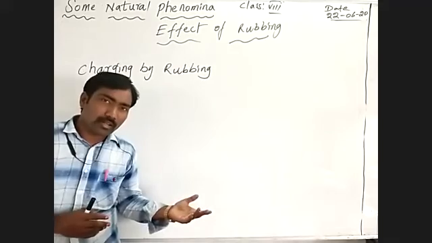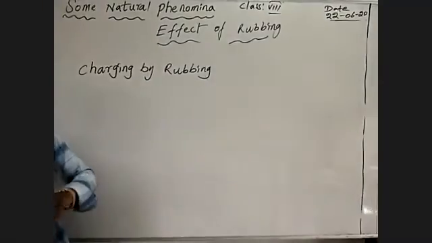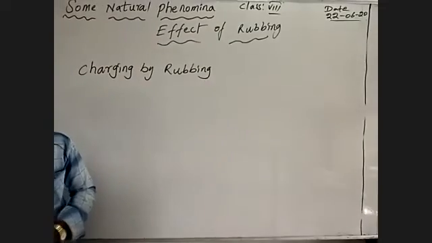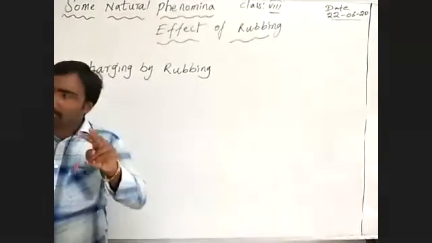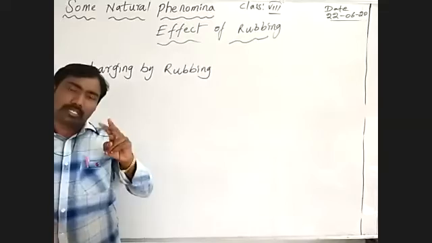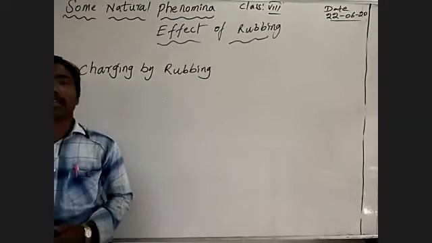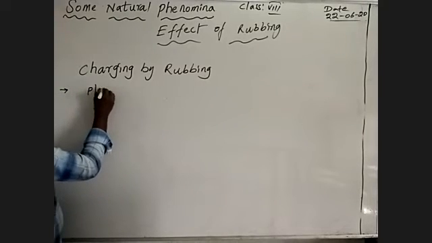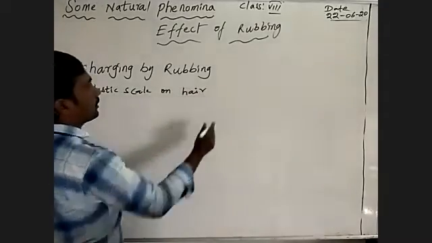Before rubbing, bringing the plastic scale near the tiny papers shows nothing, but after rubbing on a polythene bag or on our dry hair, there is a different result. In the second situation, the tiny papers are attracted by the plastic scale. First we talked about the plastic scale on hair or polythene bag.